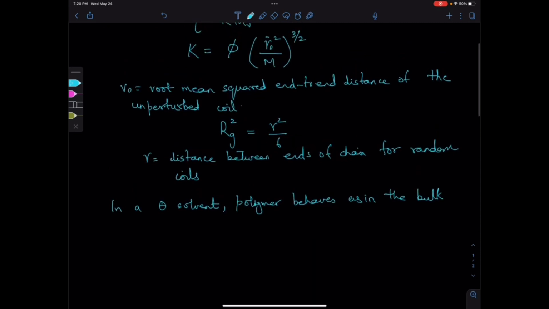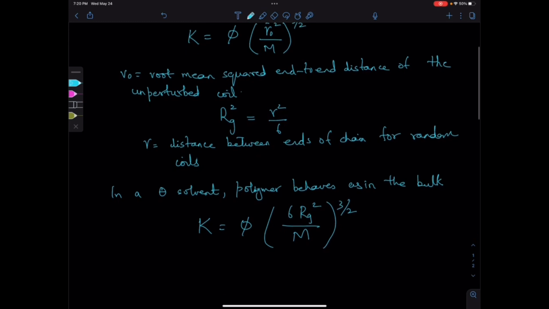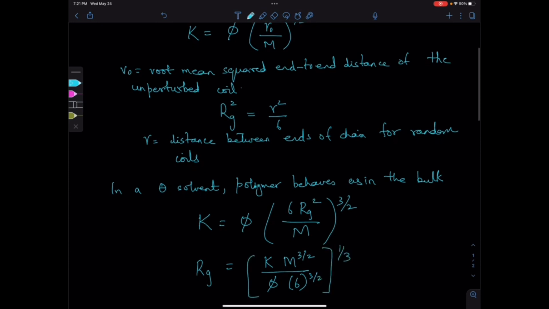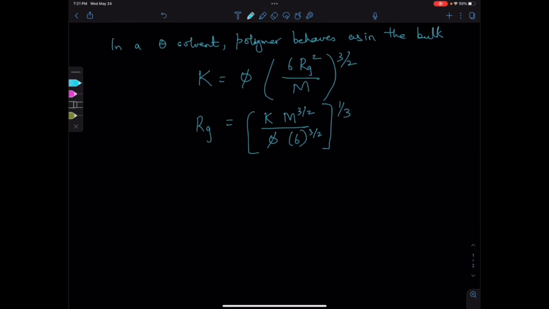We can substitute the radius of gyration for r, and we can say K equals phi times 6 Rg squared over M to the power 3 by 2, which means Rg equals K M to the power 3 by 2 over phi times 6 to the power 3 by 2, the whole to the 1/3.